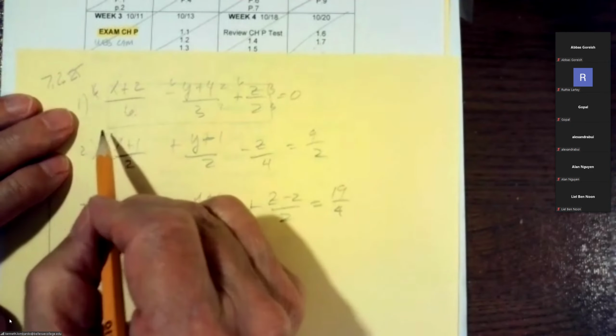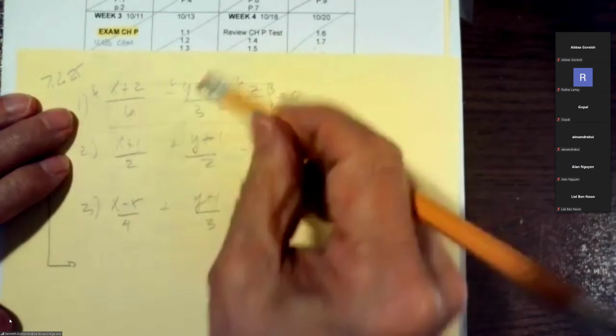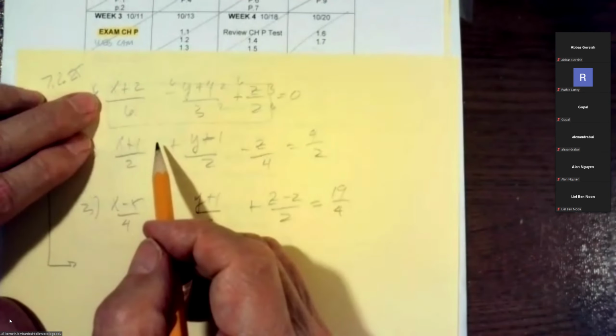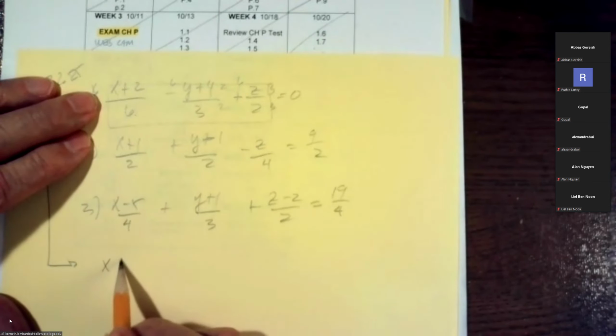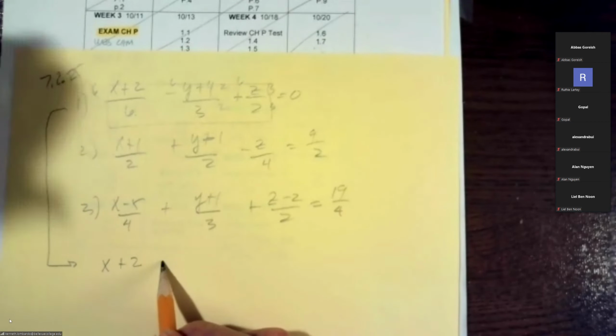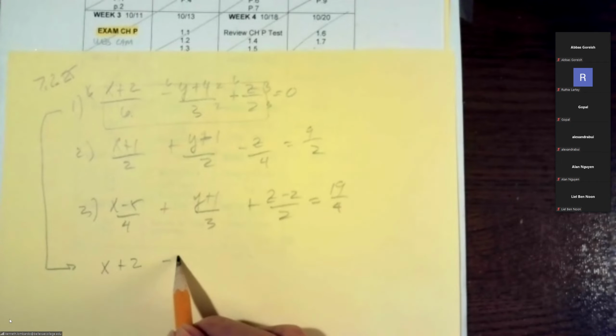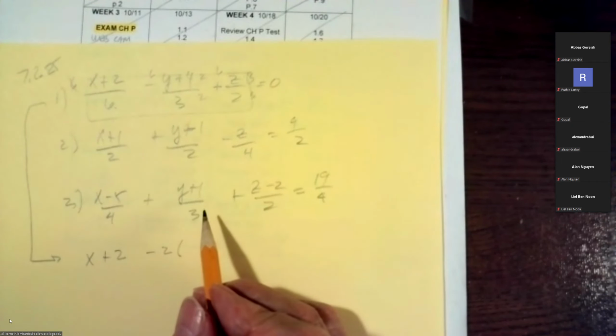So we're going to end up with x plus 2, and then minus 2 times, and what are we going to have there?